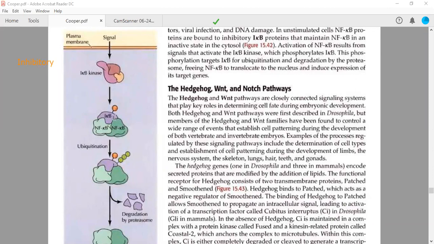Okay, this phosphorylation will lead to some conformational change, and then the ubiquitin protein. So this will undergo ubiquitin mediated proteasomal degradation.